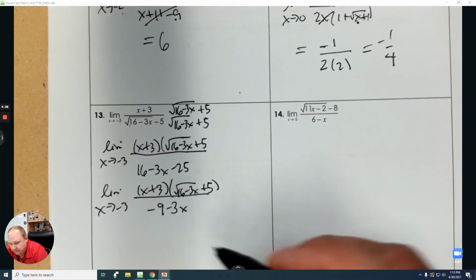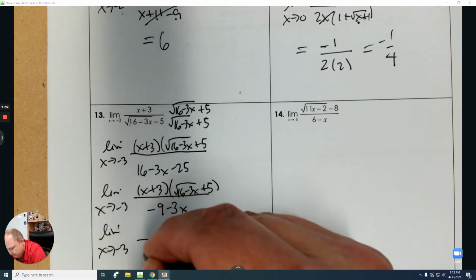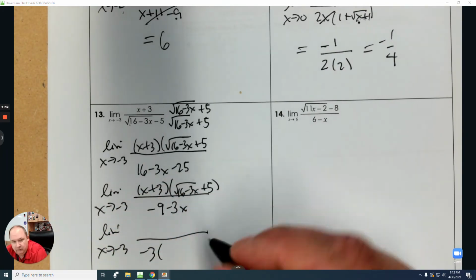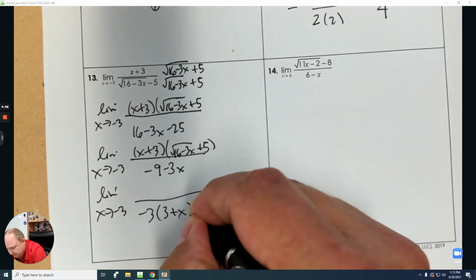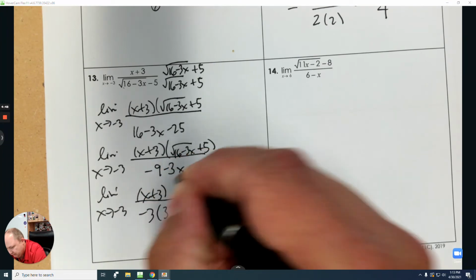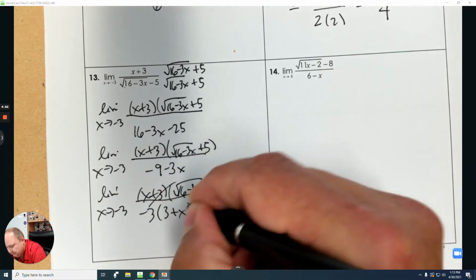We're going to factor out a negative 3. And when you factor out a negative 3, you get 3 plus x, same as x plus 3. So now I can remove the discontinuity.